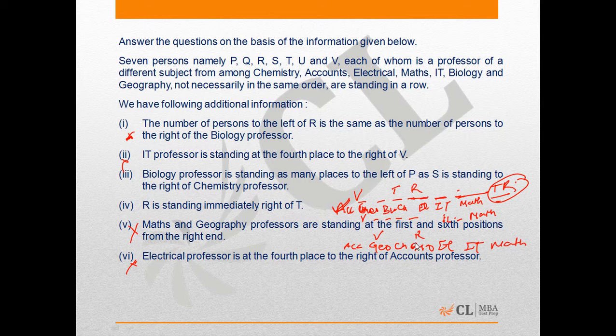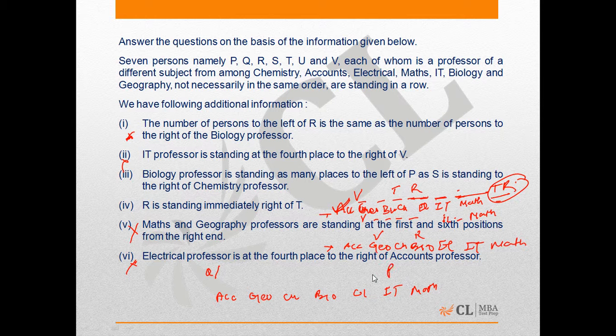If we use statement third, which states that biology professor is standing as many places to the left of P as S is standing to the right of chemistry professor, we will get the following arrangements, and these are account professor at the leftmost position, followed by geography professor, chemistry professor, biology, electrical, IT, maths.